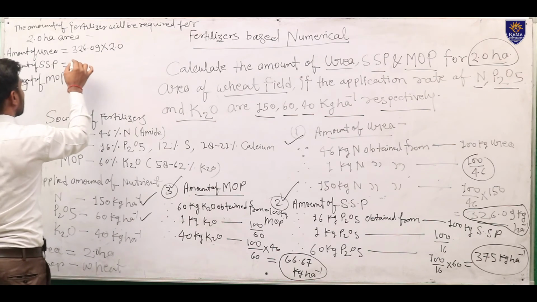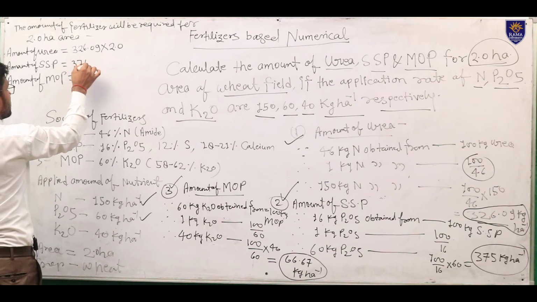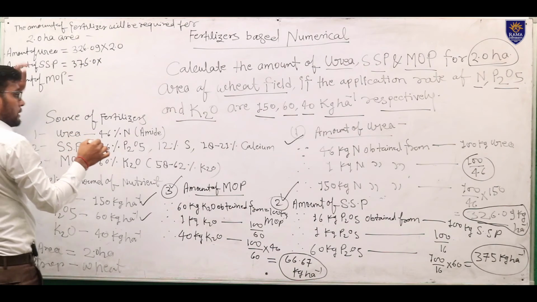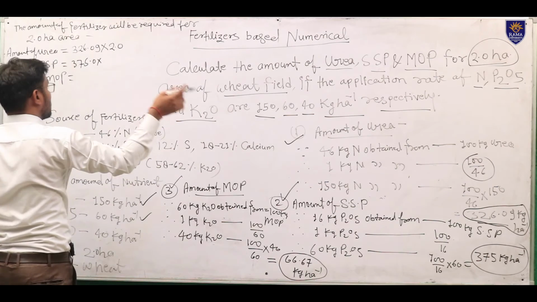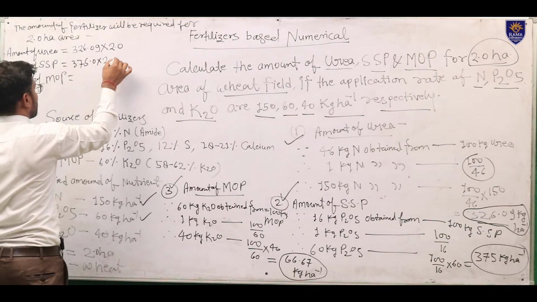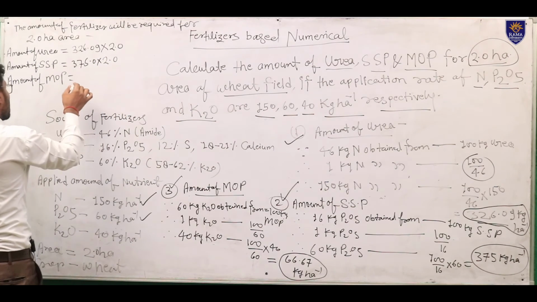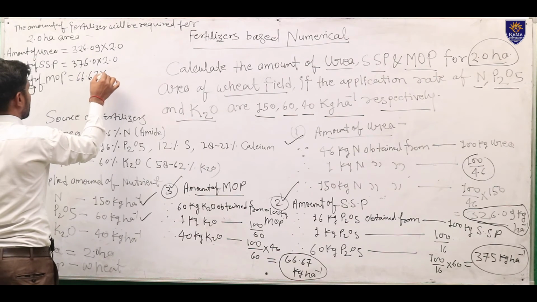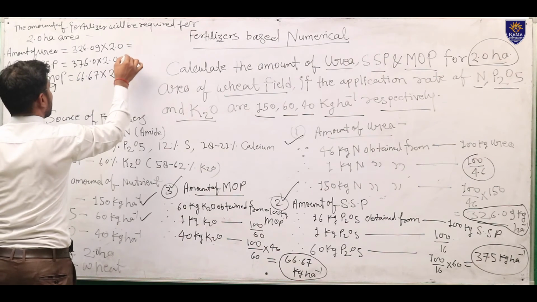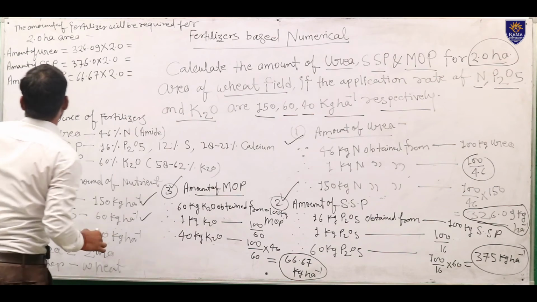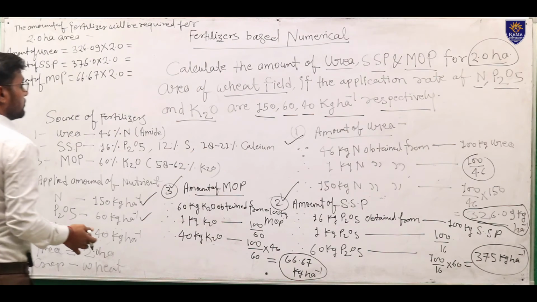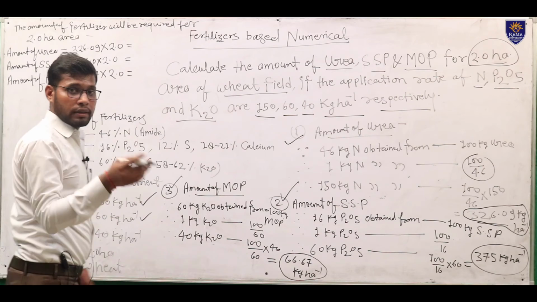SSP is calculated as 375 kg per hectare, but finally we calculate the SSP for 2 hectares. Similarly, the muriate of potash 66.67 is multiplied by 2, and finally we get the amounts of urea, single superphosphate and muriate of potash for 2 hectare areas.